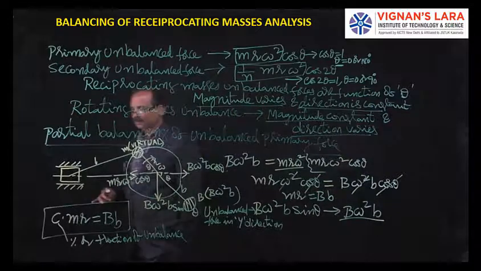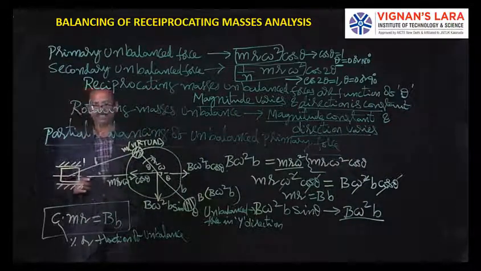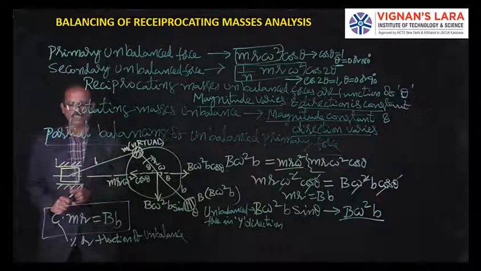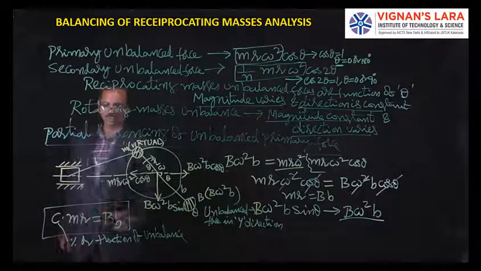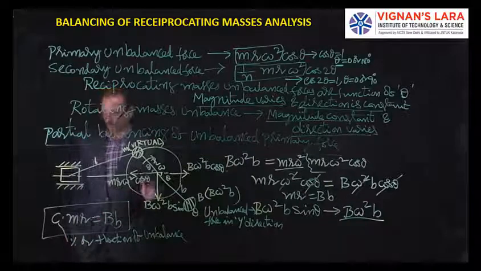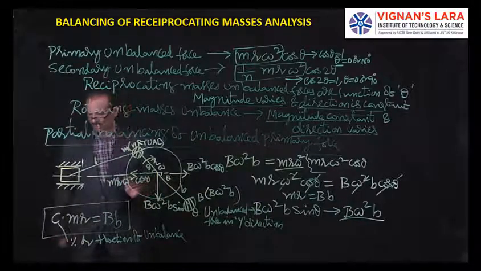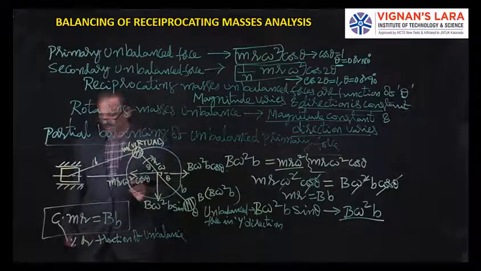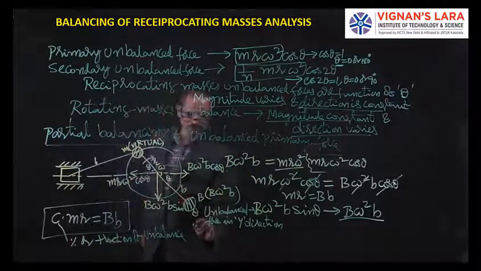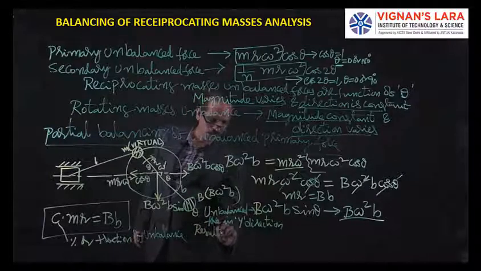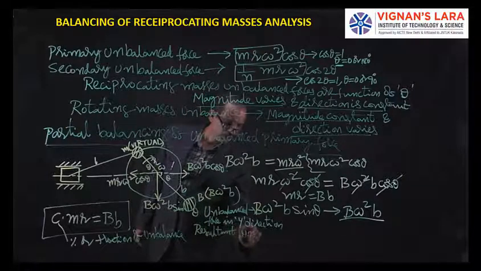That is why we compromise, such that instead of completely balancing, we balance only some part, that is c times mr equal to bb. Okay, so now let us see what is the resultant unbalanced force.